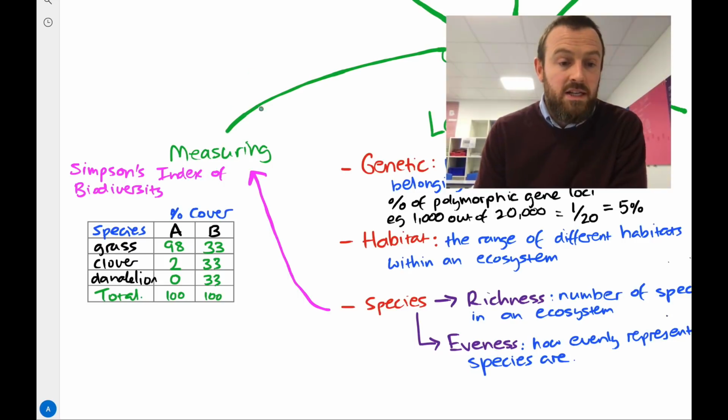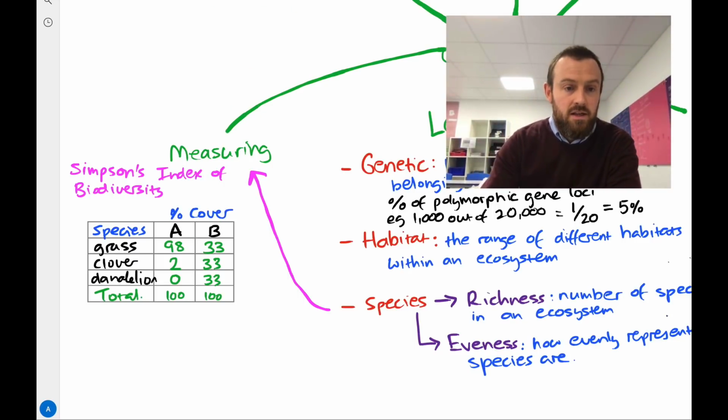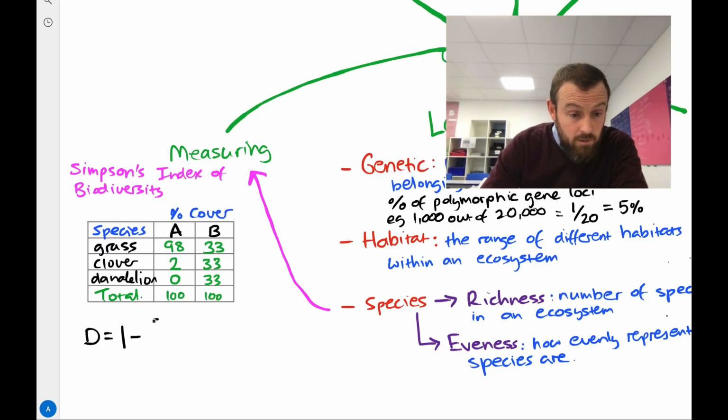Now, how would we measure the Simpson's Biodiversity Index? Well, we need to know the formula. Actually, you get given the formula, but you have to be able to use it. So D, which is the value for Simpson's Biodiversity Index, is equal to 1 minus, and then you've got a big bracket here, and it is the sum of small n divided by big N, squared, like that.